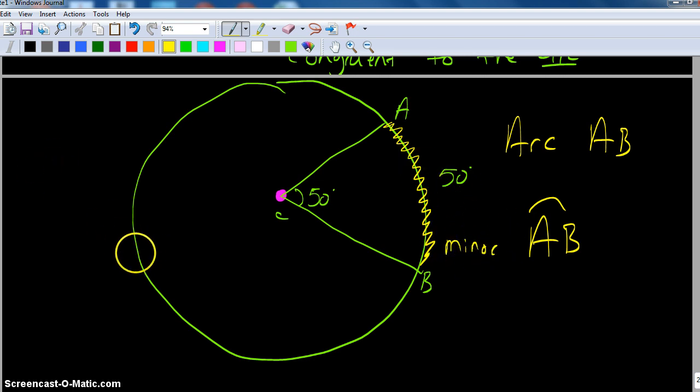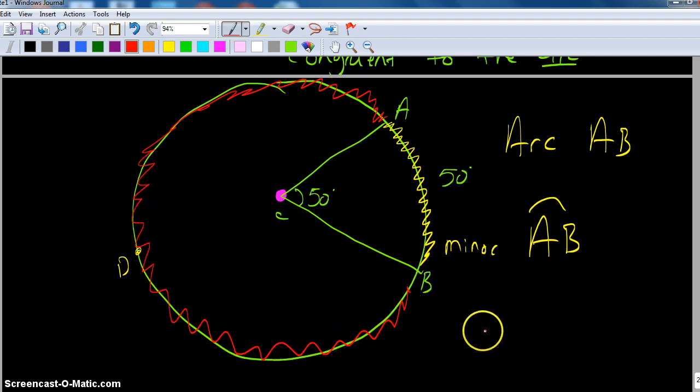Now let's say we had a point over here, call that D. You have A all the way to D, all the way to B. We have another arc, ADB. That is obviously bigger than 180, so that would be a major arc.